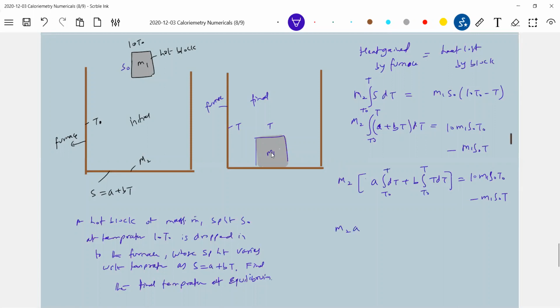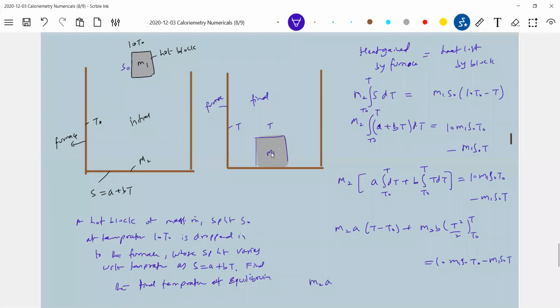So this will become M2A into T minus T naught, plus M2B T square by 2, limits T naught to T. So this will be 10 M1 S naught T naught. Let's solve further.